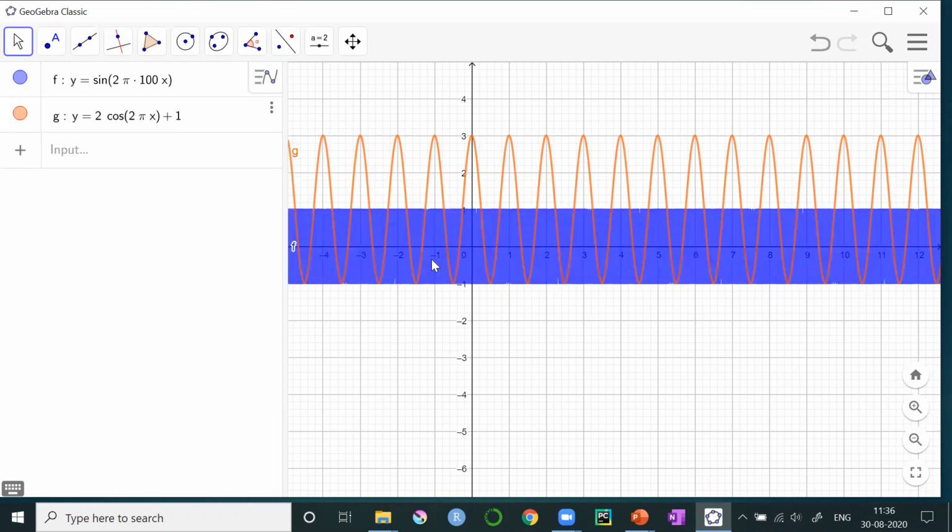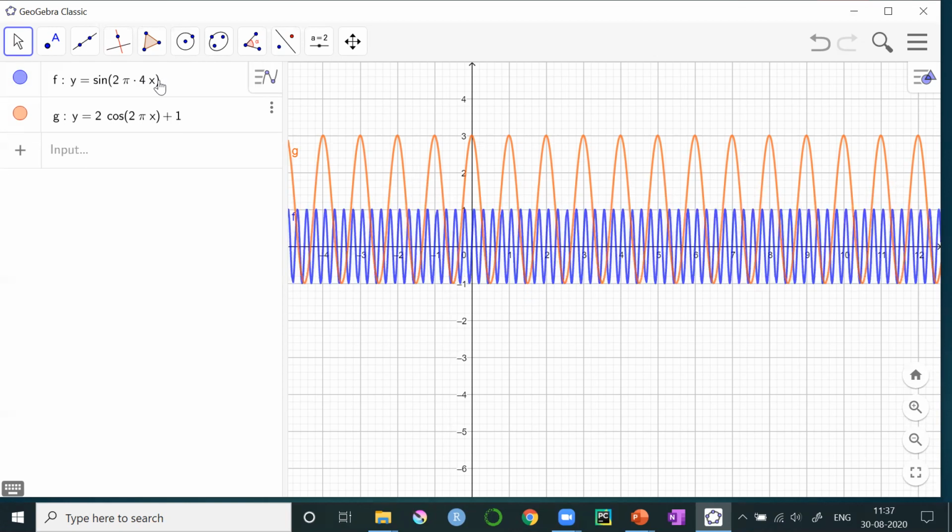I think it's going so fast that I'm not able to see it. You understand? I think I'll have to find a way to graph that. Maybe if I reduce it. See, it's happening very, very fast.